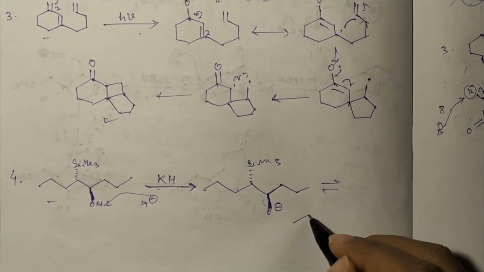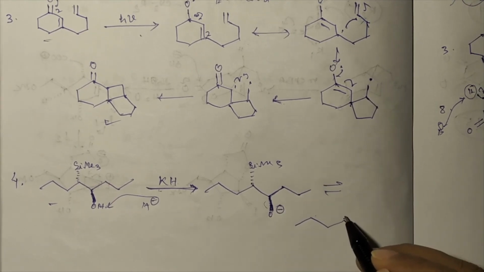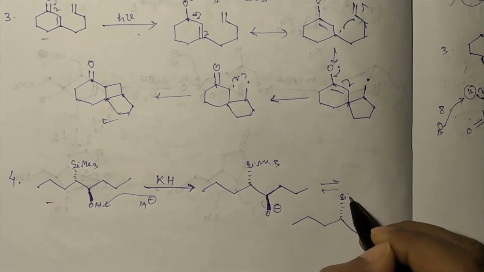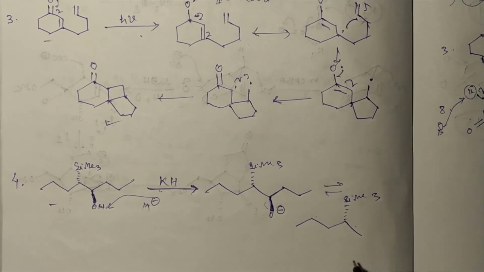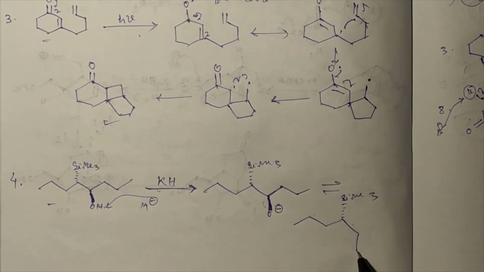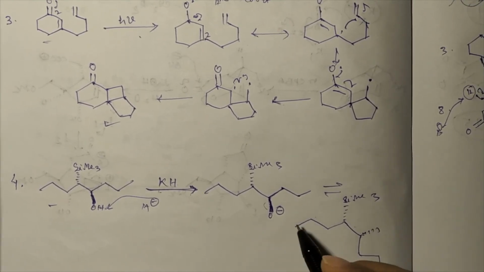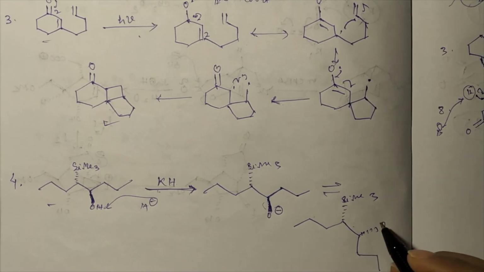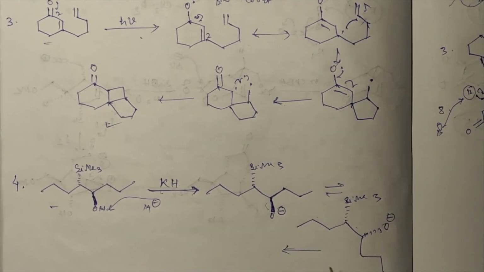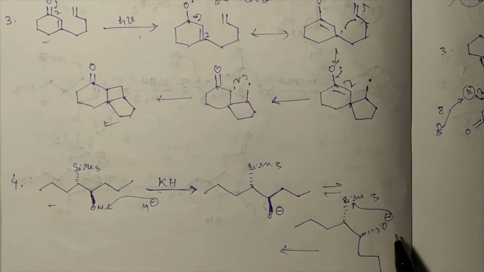So here SiMe3 is below the plane, and it will rotate in this direction. So 1 2 3, 1 2 3, it will go below the plane, so it will be O minus. Now a 4-member ring will be formed. O minus will coordinate with Si, so a 4-member ring will be formed.